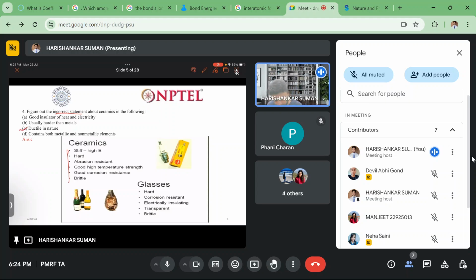So C is the right answer. Glass or ceramics, you can see these are the properties. If you want to know, you can write.